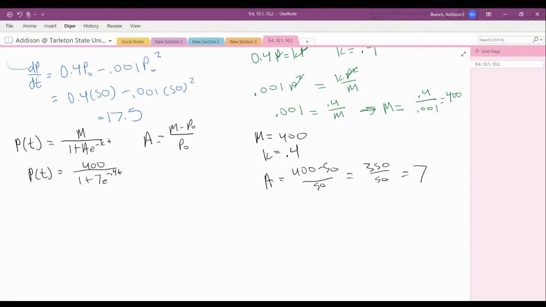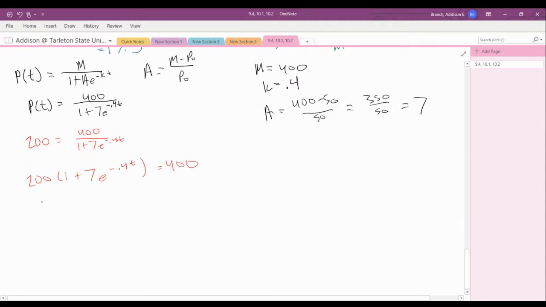So we get 200 is equal to 400 over 1 plus 7e to the negative 0.4t. Then 200 times 1 plus 7e to the negative 0.4t is equal to 400. Divide both sides by 200, so we get 1 plus 7e to the negative 0.4t is equal to 2.